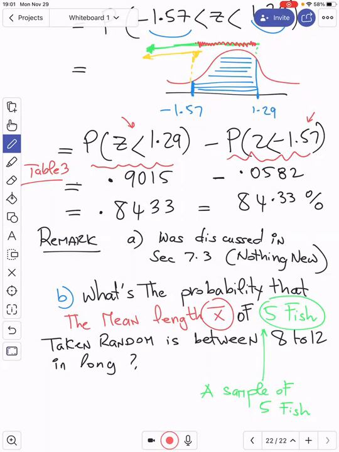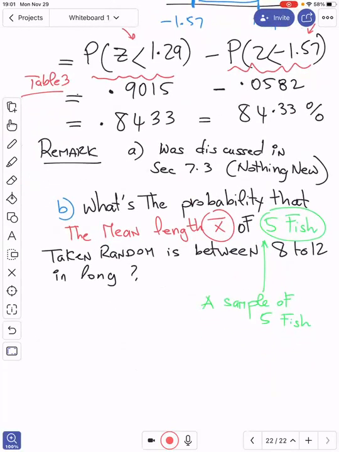And the mean of this normal distribution of X bar is actually, so what the theorem says is the following.